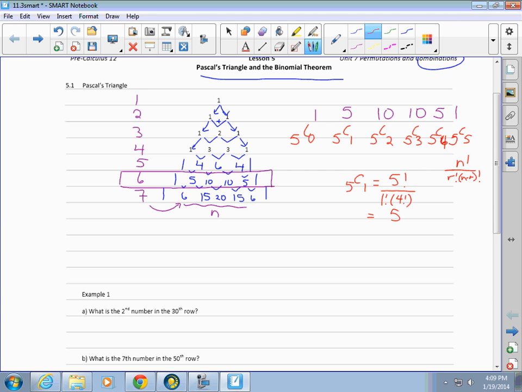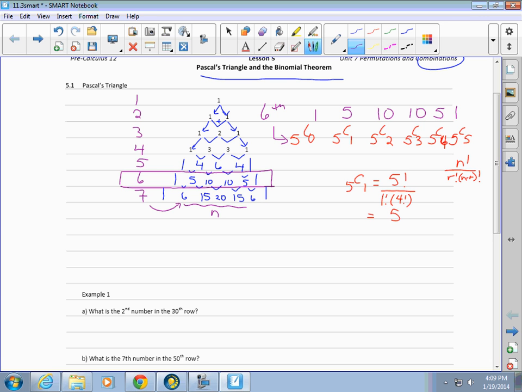So what's happening here is this was my sixth row, but I used a 5. And that's where the pattern comes in. Whatever row number you're looking for, the number that's going to be your n is going to be 1 less than your row number.